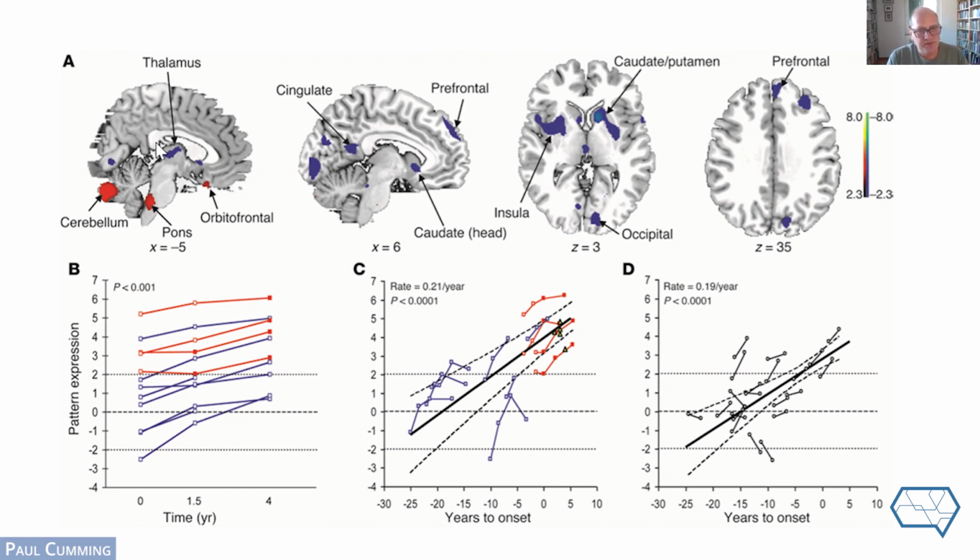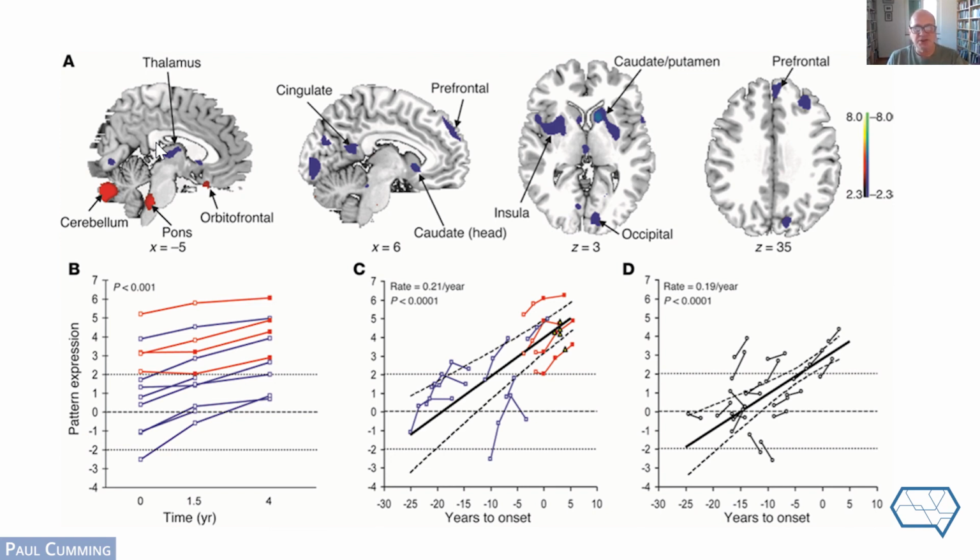So using this kind of network analysis, they were able to interrogate the data and answer the question about how long pathology precedes clinical manifestation, using patients who were genotyped for their number of CAG repeats, which is a clear predictor of how soon they're going to develop the disease.